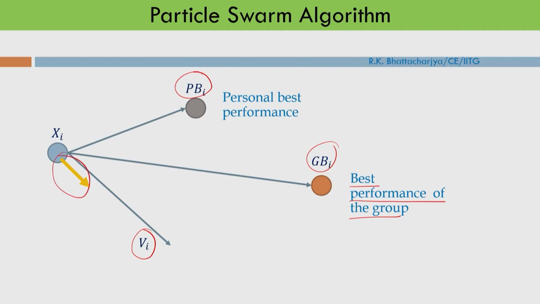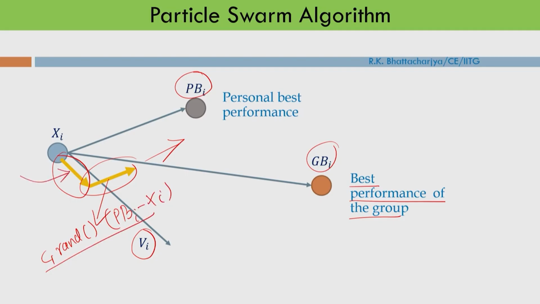Because of inertia, it will initially move in this direction and then go towards its personal best direction, and this part is c1 times a random number times (personal best minus x_i). This is its personal best, and this is omega v_i, the inertia effect. Then it will move towards the global best, which is c2 times a random number times (Gb minus x_i).